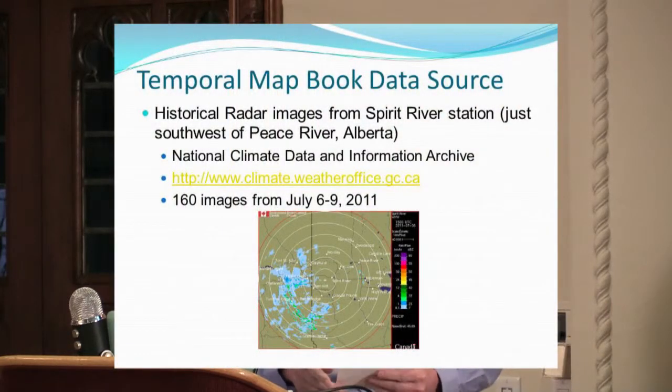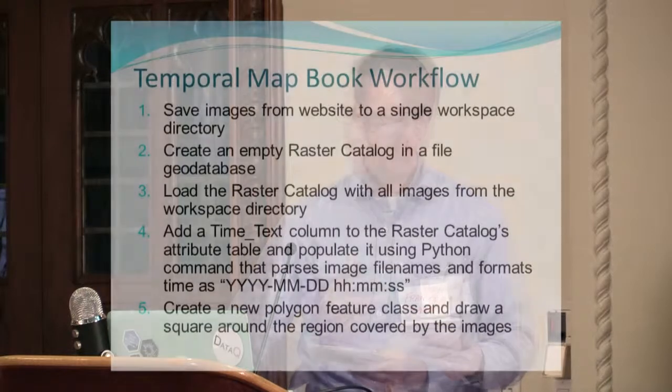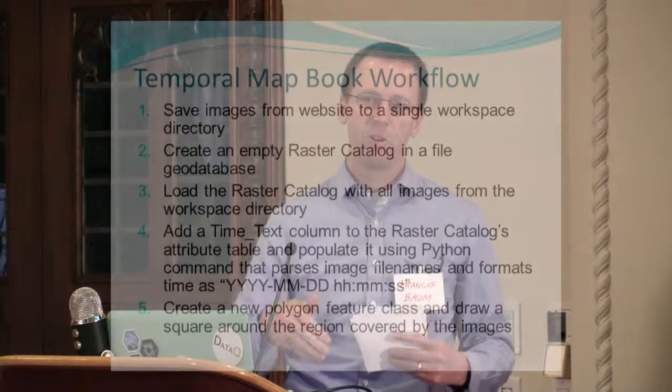To create the temporal data map flipbook, I downloaded 160 weather radar images for the study area that show a storm passing over the region. I needed enough images to make the little map book easy enough to flip through. I had to create my own workflow because most of the time when you create map books in ArcMap, it's over different regions.